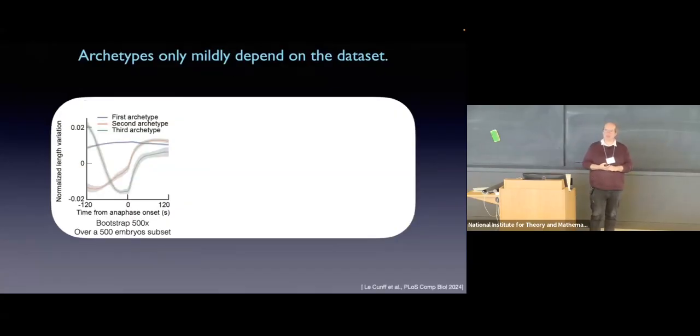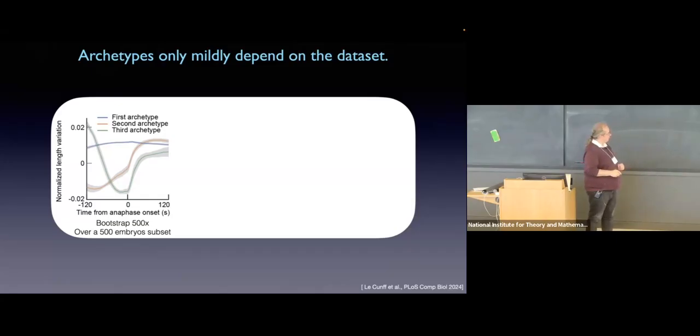Now, from here, we can wonder whether this third archetype is just because we included some conditions with defect in the kinetochore attachment. So we tried different approaches, because of course the data that we provide to the PCA are key to deciding the archetypes that we extract. So we use only 500 embryos and repeat 500 times this sampling of a subset and extracting the PCA coefficient.